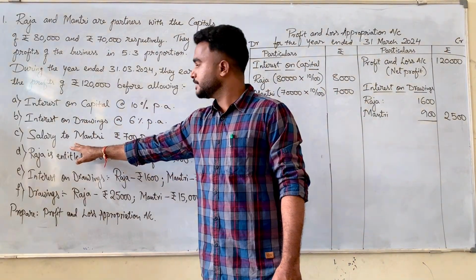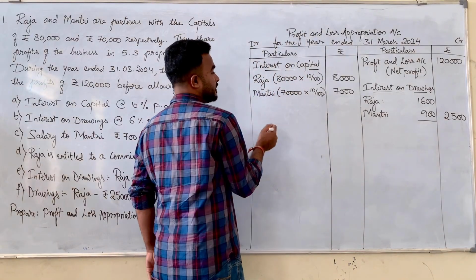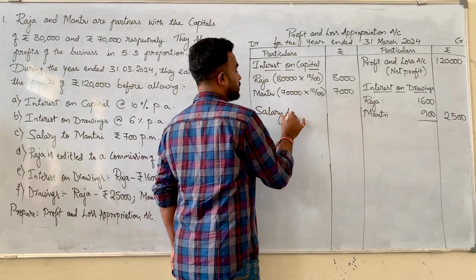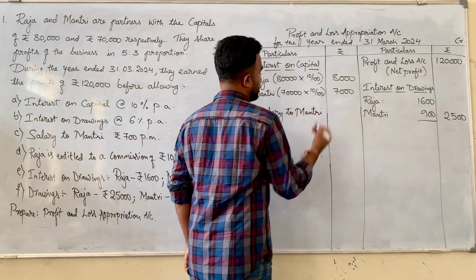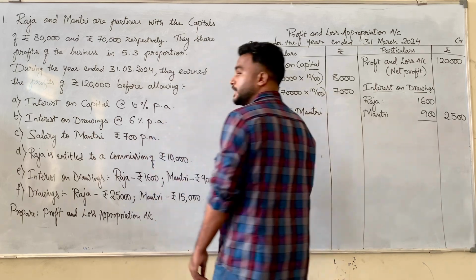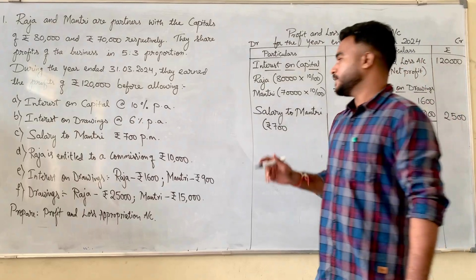Next thing they have discussed is salary to Mantri. So which side will we give salary? On the debit side of the profit and loss appropriation account. Salary to Mantri. How much do we have to pay salary to Mantri? Rupees 700 per month. For each and every month we have to pay 700. How many months do we have in a year? 12 months.